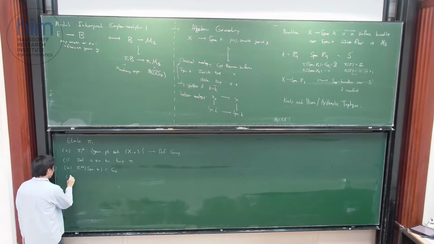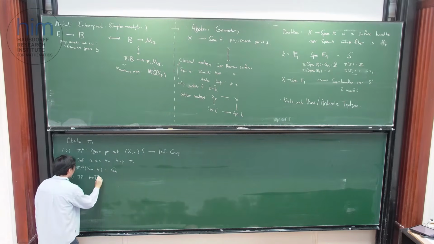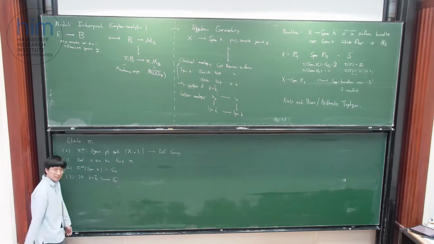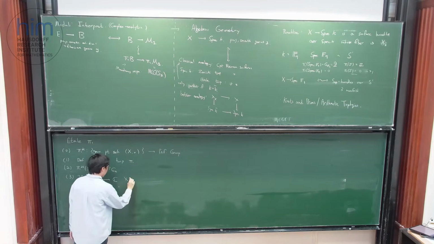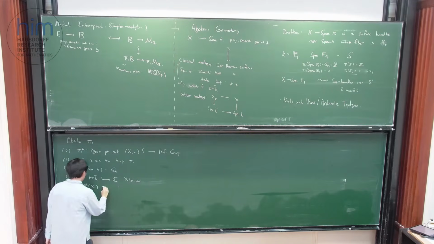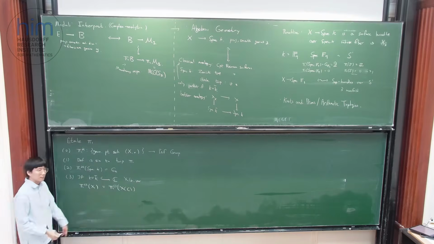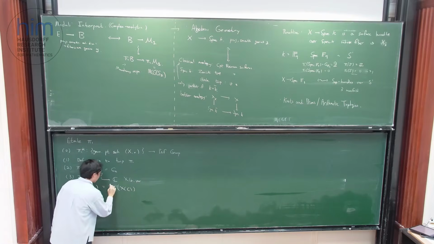And third, if K is an algebraically closed field which is naturally embedded in C, and X over K is a variety, then the étale fundamental group of X is equal to the topological fundamental group of the corresponding complex manifold, taking the profinite completion.